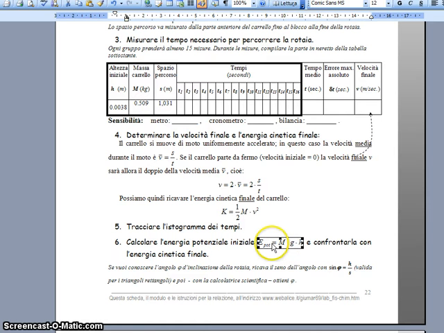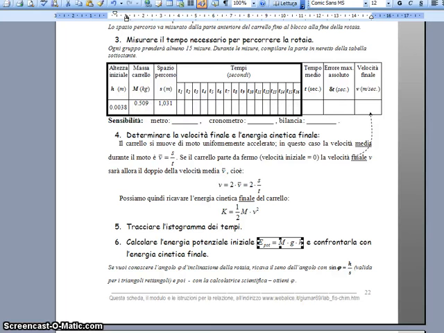The value obtained for the potential energy should be equal to the kinetic energy obtained at the final position, but you will probably obtain that it is a little greater. Why? Because there is some friction.